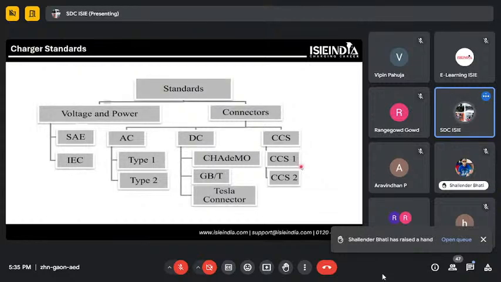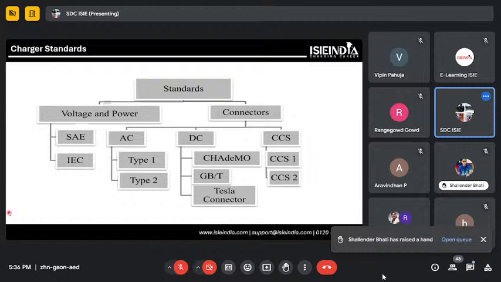So coming to the charging stations, along with charging connectors and electric vehicle supply equipment, there are the charging standards which we are using, right? As per voltage and power, we have classified their standards and characteristics: SAE chargers, IEC chargers, International Electrotechnical Commission connector chargers, along with AC chargers, DC chargers, and type 1, type 2 chargers, and CCS chargers, which are compatible with AC chargers as well as DC chargers.